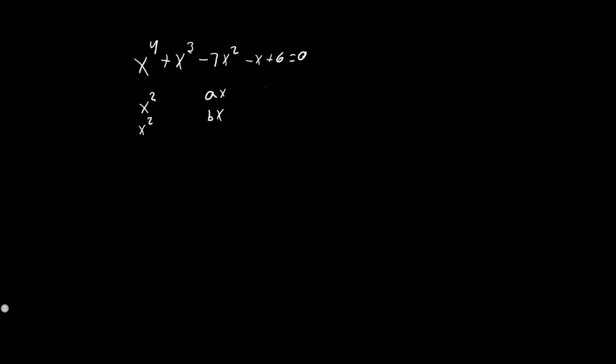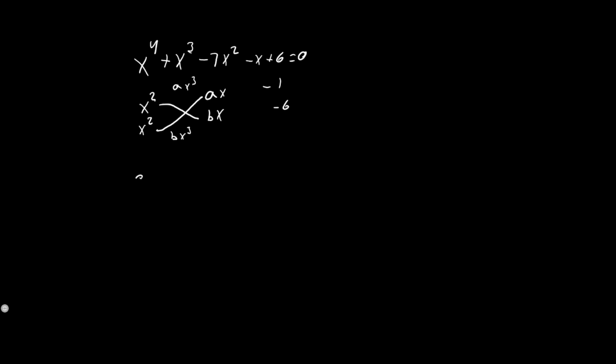So we're just going to start off with negative 1 and negative 6. Since this is negative, we're just going to use the negative products first. So what we will go ahead and do now is multiply x squared and ax, giving us ax cubed, and we're going to multiply x squared and bx, giving us bx cubed, and ax cubed and bx cubed should add up to 1x cubed.